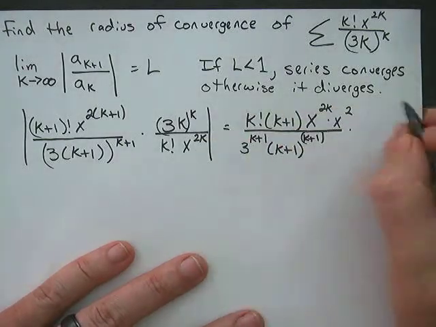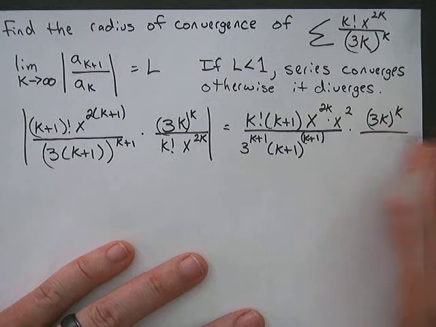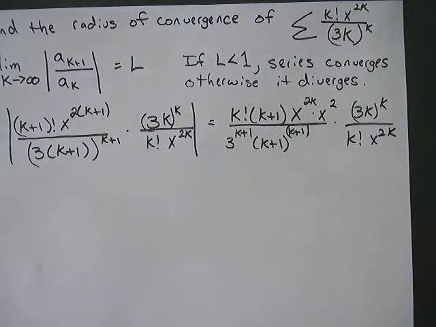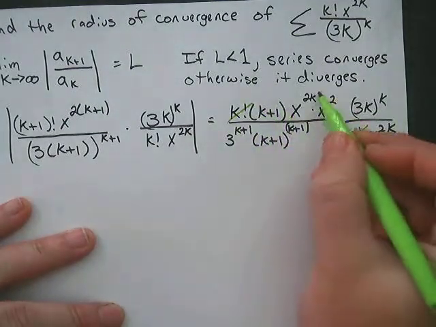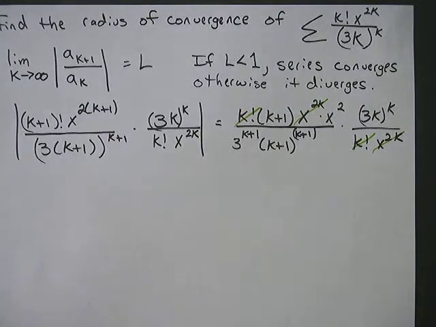Then let's write this stuff over here. So we have 3k to the k power divided by k factorial x to the 2k. First let's reduce what we can before we start writing anything else. Let's cancel out the k factorial and the x to the 2k. That should make things a little easier for us. Okay, let's keep going and clean some more stuff up.